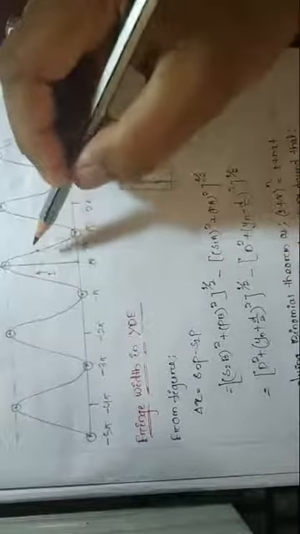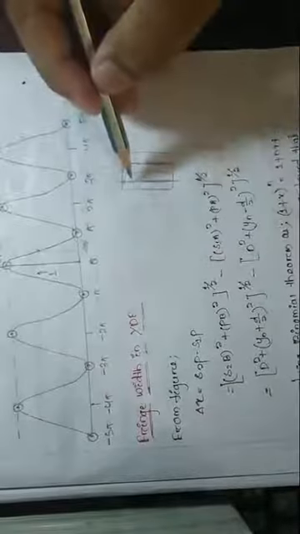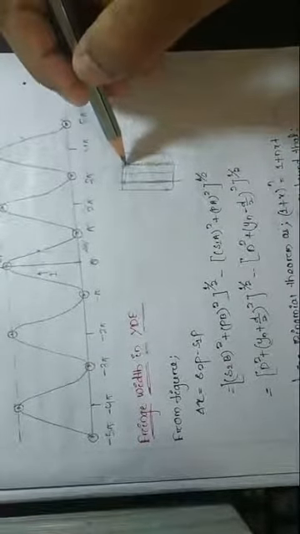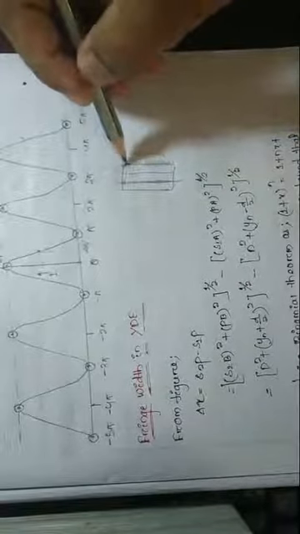Likewise, if we move from the center of the dark fringe, the intensity will increase. The brightness will increase.